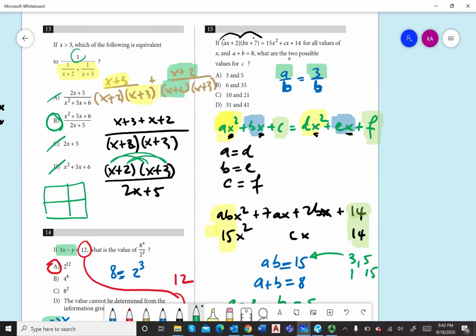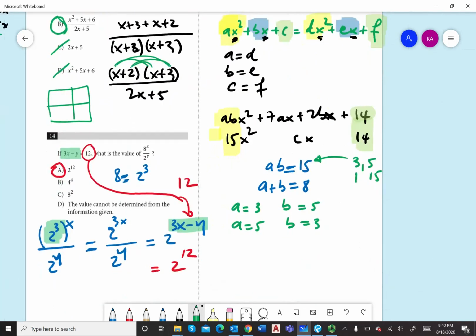Now, what is the question? It says, what are the two possible values of C? So C is what I want. Okay. That's what we need to determine. So what we didn't do is that this here has to be equal to this here.